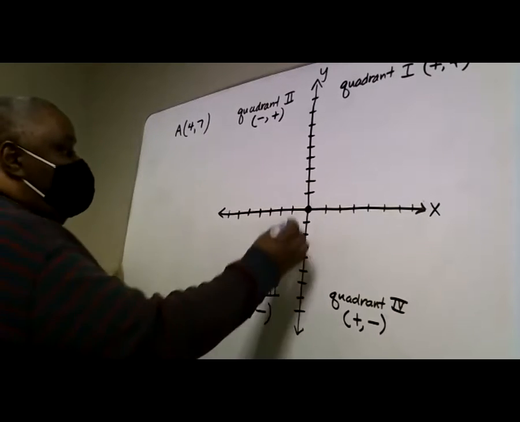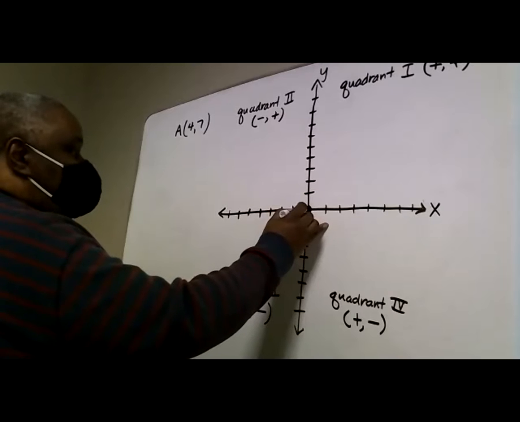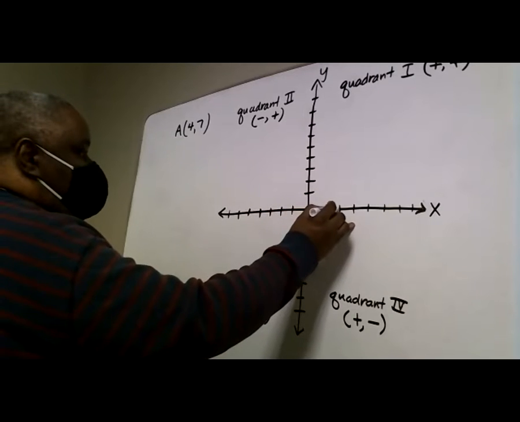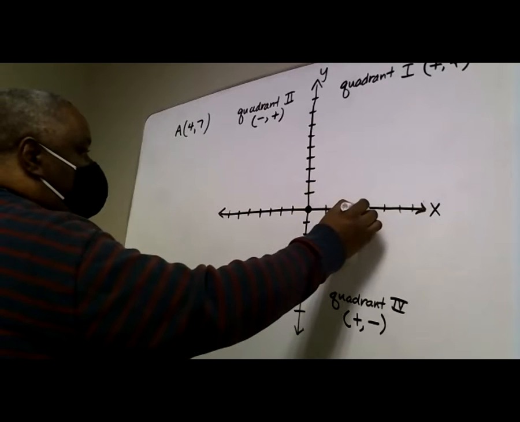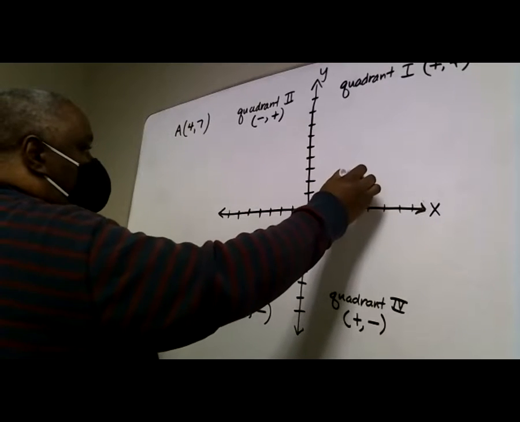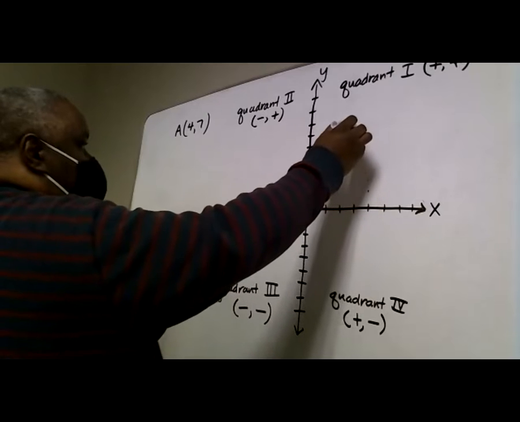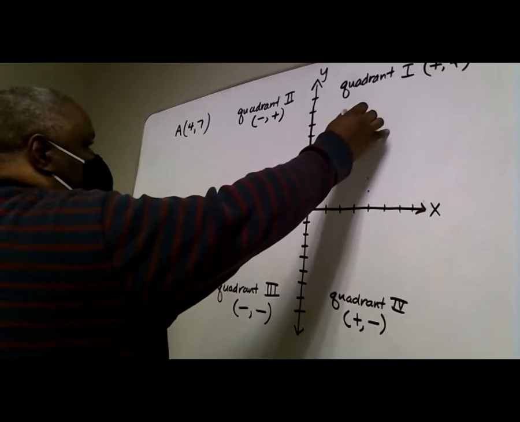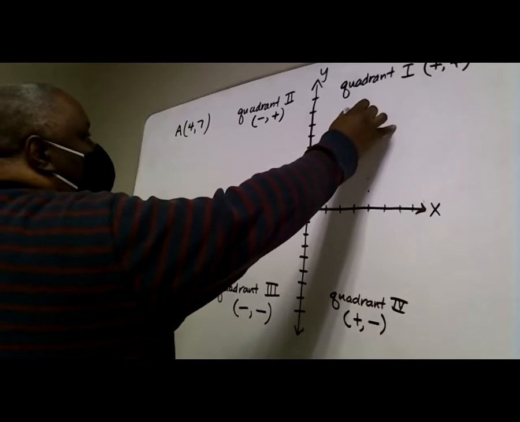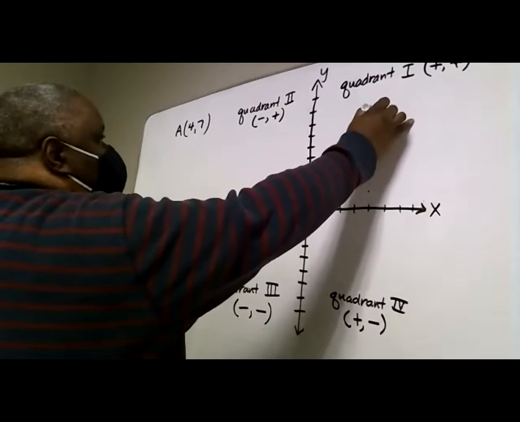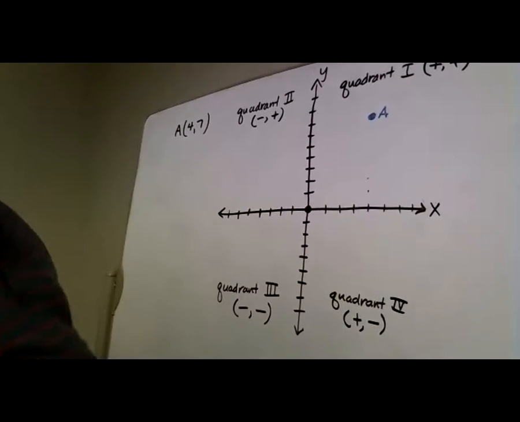So here, we always start at the origin. 4 is a positive 4, so that means we go to the right 1, 2, 3, 4. And 7 is positive, so we need to go up. 1, 2, 3, 4, 5, 6, 7. So that point would be right here. And usually we label that as point A.